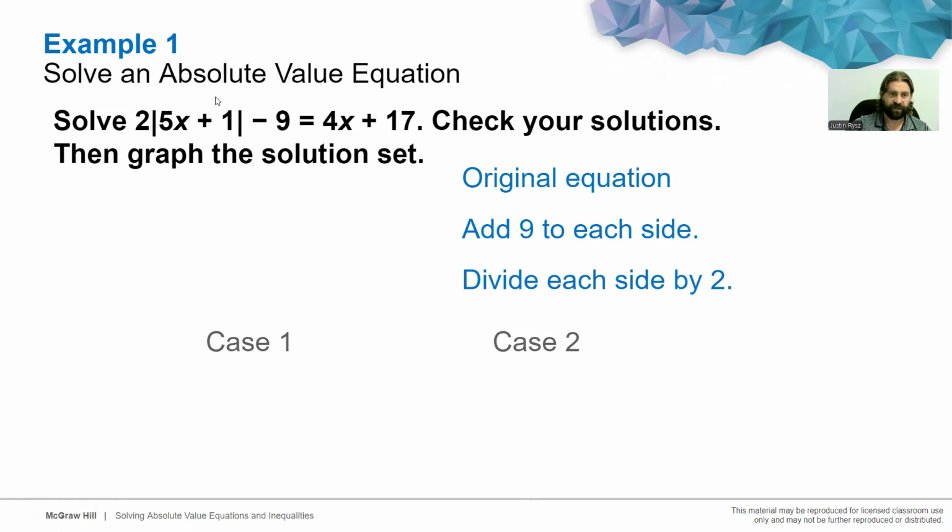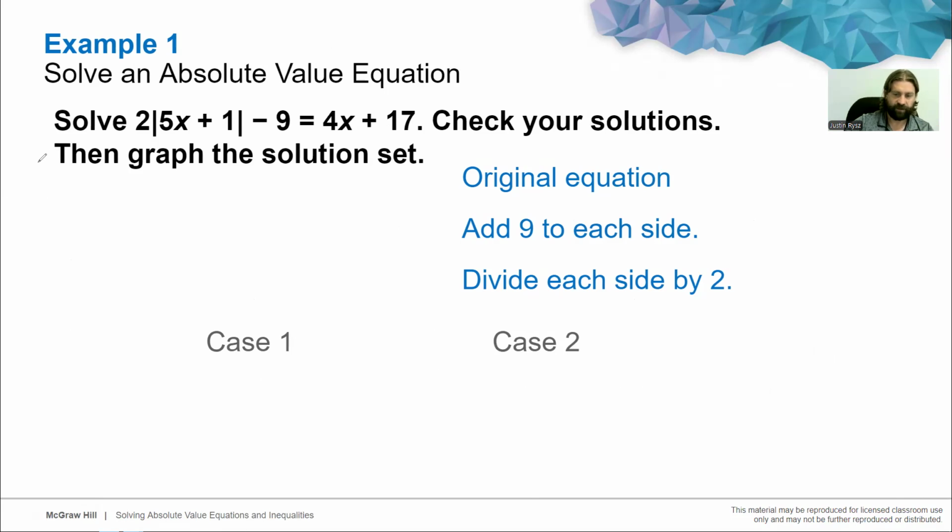So the first thing we want to do is isolate that absolute value. Let me go through and get my pen set up here. Here we go. All right, so we have 2 times the absolute value of 5x plus 1 minus 9 is equal to 4x plus 17. So what we need to do is isolate the absolute value. We're going to add 9 over to the other side.